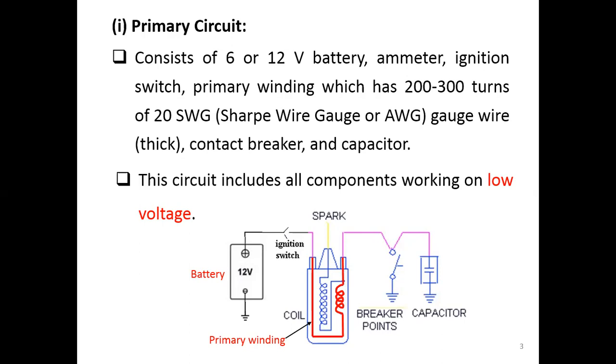So if you look at this circuit overall, from the battery, ignition switch, the primary winding, all the way to the breaker point and the capacitor, all of these are working on a low voltage, which is 12 volts here.